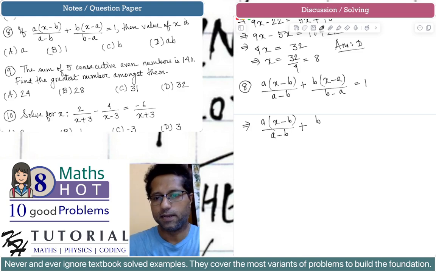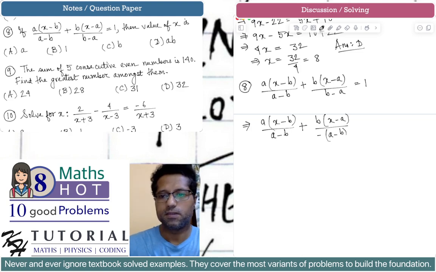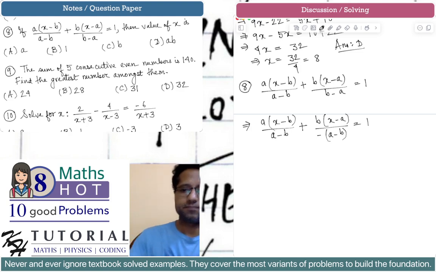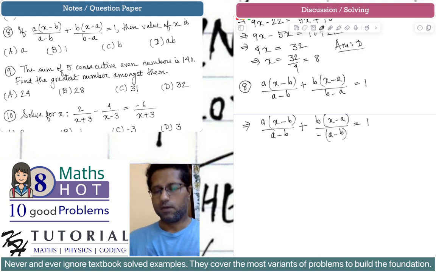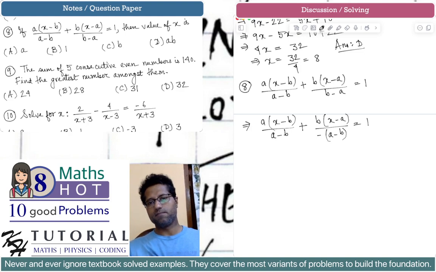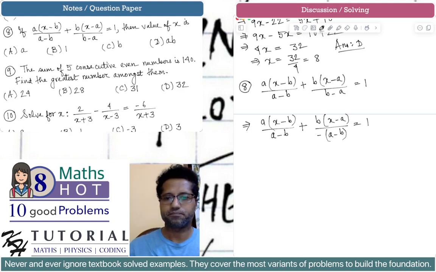So we can write the denominator of the second term on the LHS, that is b minus a, as negative of a minus b. We have equals to 1. The idea is that we want to make the denominators of the two terms on the LHS the same.